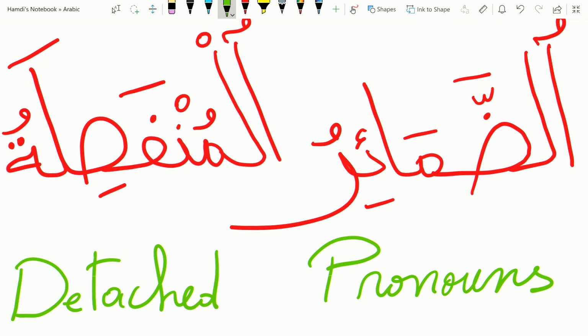The pronouns can be attached to the noun, to the verb, to the حرف, oh yes, to the preposition, or they can be detached.